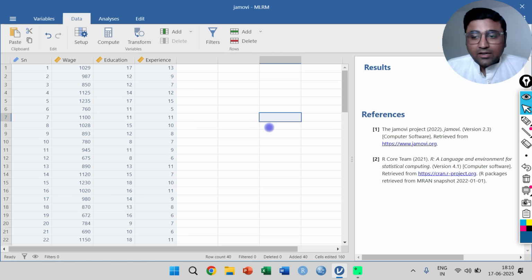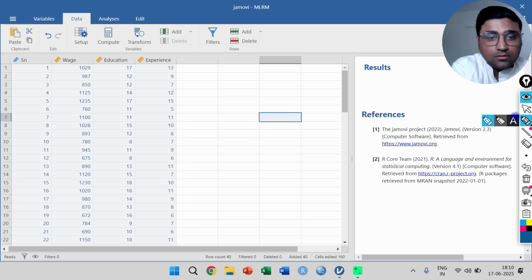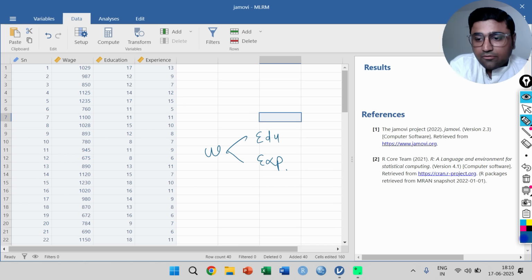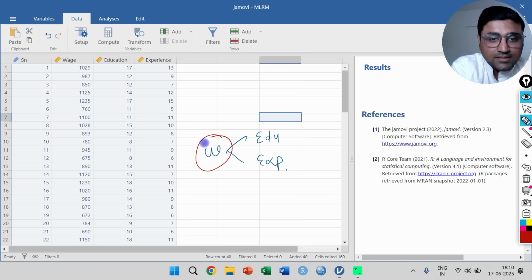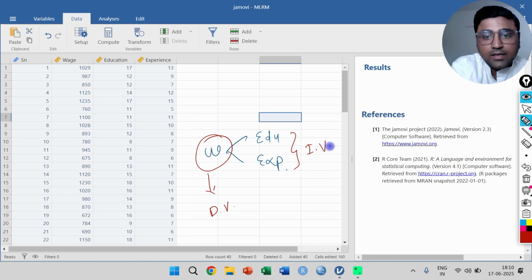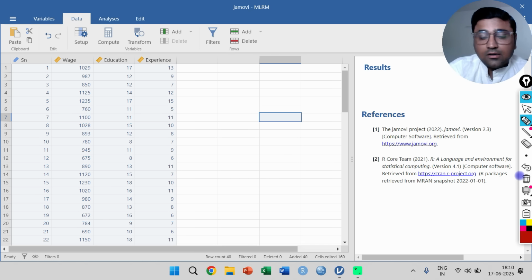So now we know that wage rate depends on education and experience. So therefore this is our dependent variable and these two are our independent variables.